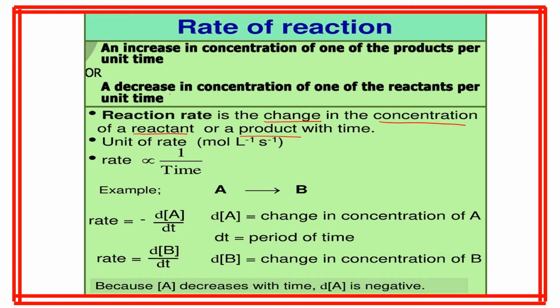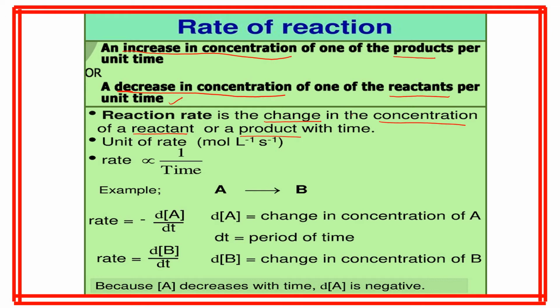Rate of reaction. With respect to reactant, the decrease in the concentration of reactants with respect to time is called rate of reaction. Similarly, with products, the increase in concentration of product with respect to time is called rate of reaction.